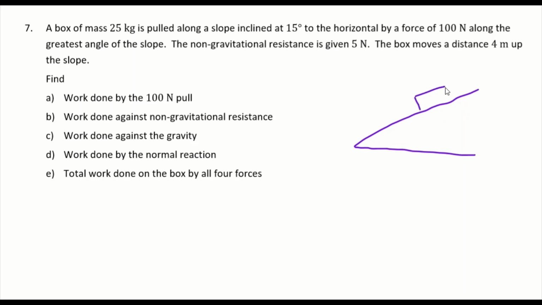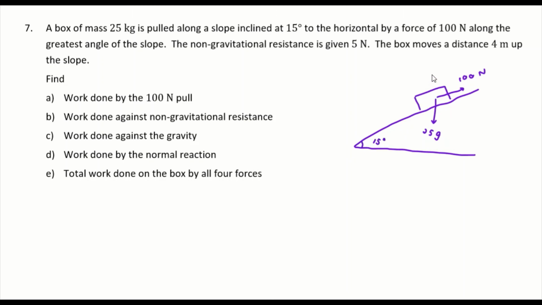We have this box on the slope, so 25 kg tells us that there's a weight of 25 g. It is pulled along the slope by a force of 100 newton, so the force going up is 100 newton.